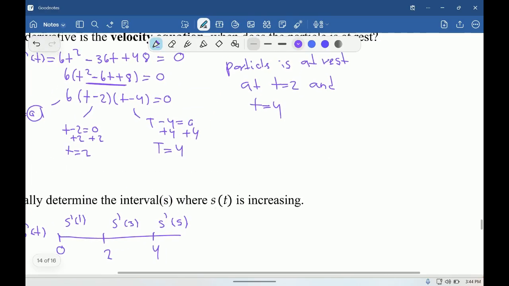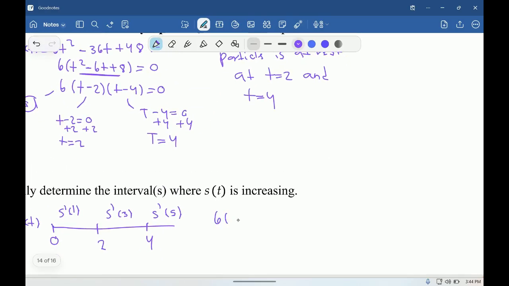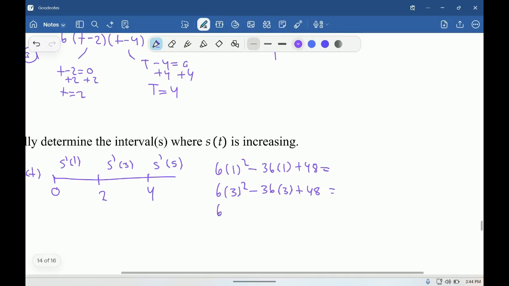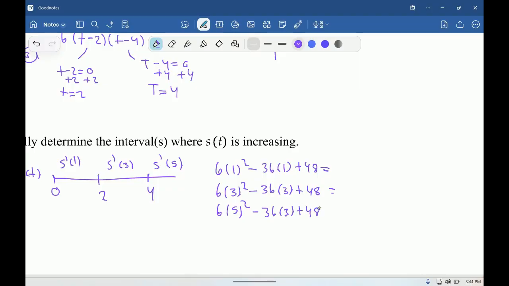So we're going to do that real quick: 6 times 1 squared minus 36 times 1 plus 48, 6 times 3 squared minus 36 times 3 plus 48, and then 6 times 5 squared minus 36 times 5 plus 48.